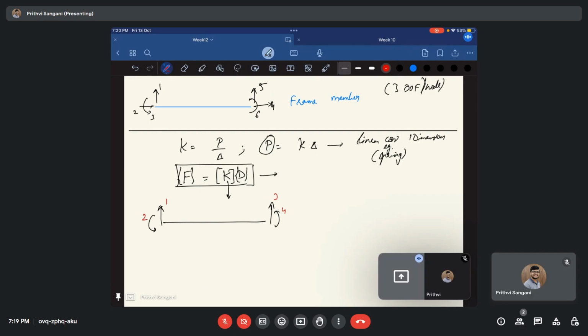I want to label each degree of freedom: 1, 2, 3, 4. This node I'll call A and this is B. If this is a beam member, I have 4 degrees of freedom. 1 and 2 are the degrees of freedom at joint A. 3 and 4 are the degrees of freedom at joint B. So now we have 4 degrees of freedom here.